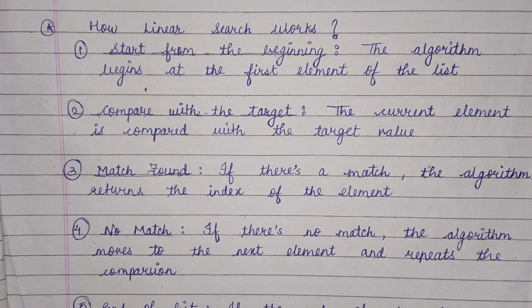If the element 40 is not present in that array, then it repeats its comparison. Finally it will return not found. Simply, the element is not present in the array. Or if we have to return an integer, then we will return -1.